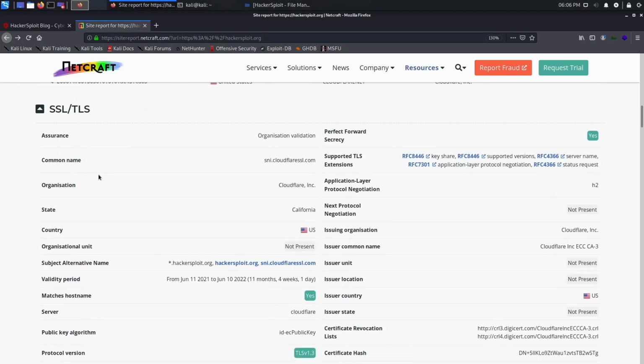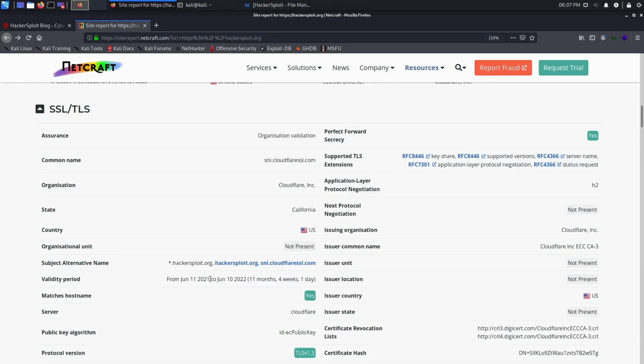You then have the SSL and TLS certificate information. This is very important because it can essentially provide you with information regarding when an SSL certificate expires. It'll also tell you who it was issued by. In this case, it is Cloudflare, and it tells us that it expires on the 10th of June 2022, so 11 months 4 weeks 1 day.